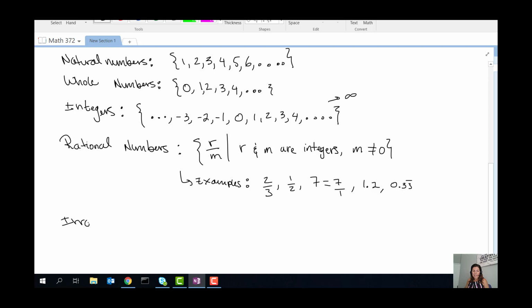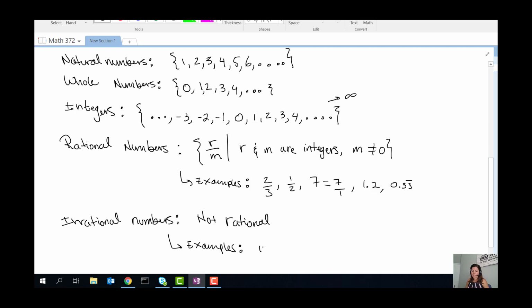And then the irrational numbers. This definition is probably the funniest one because it's just not rational. So all numbers that are not rational. Can you think of examples, sorry, of irrational numbers?